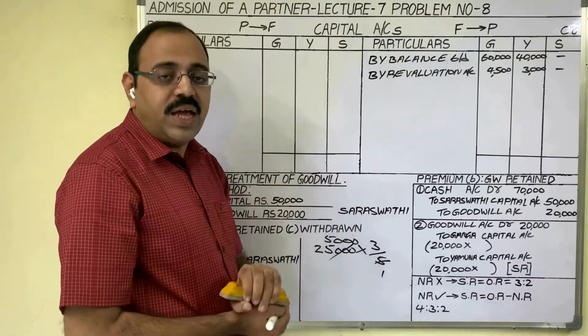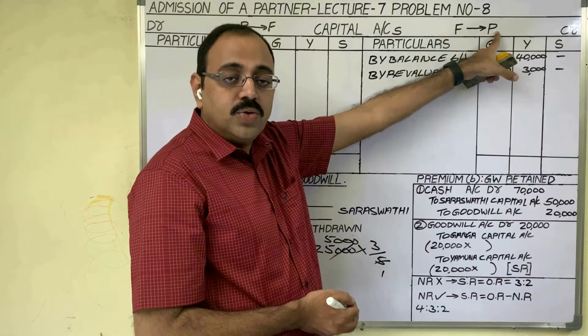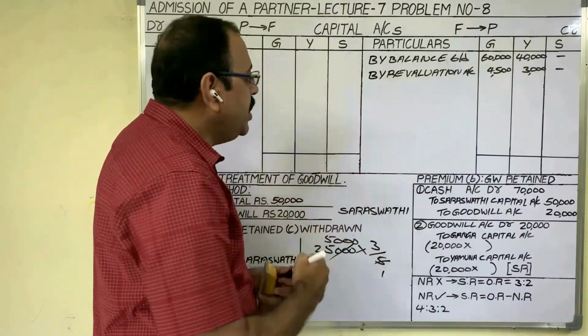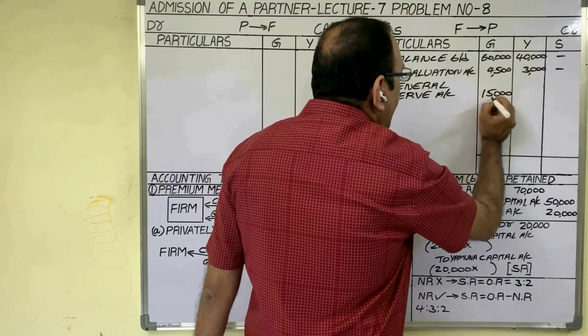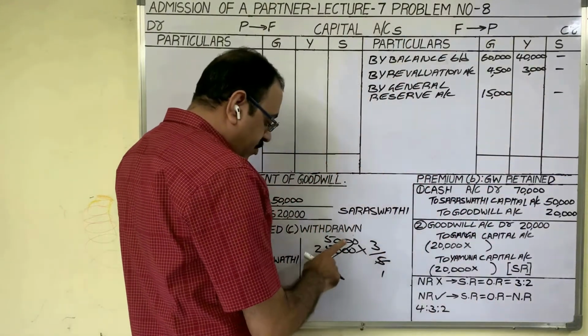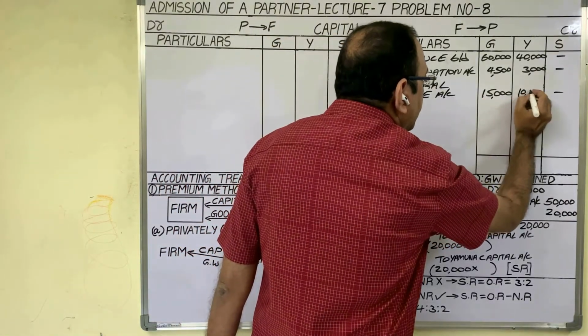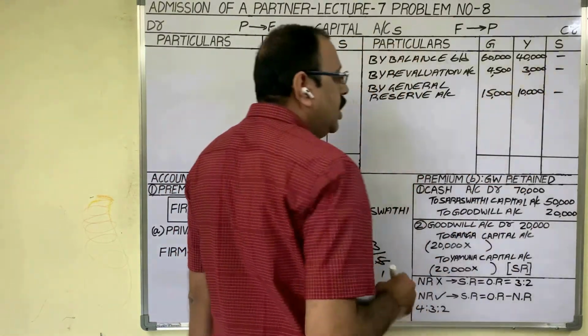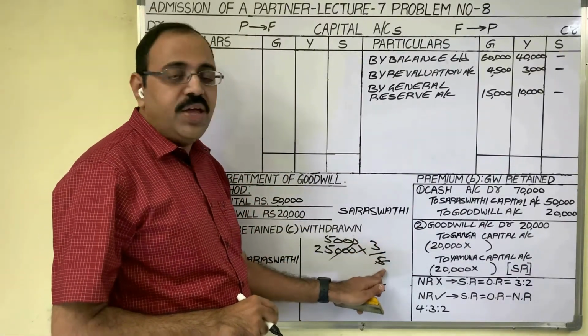If Ganga is retiring, then the firm should pay that amount to Ganga. So it appears on the credit side: by general reserve account, 15,000 rupees. For the second partner, you need not calculate. From 25,000, if you deduct 15,000, the remaining 10,000 is the second partner's amount. If you want, you can calculate 25,000 into 2/5.